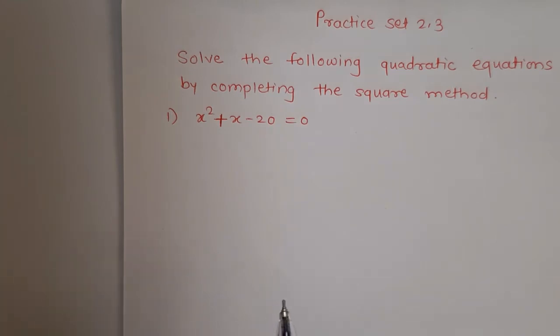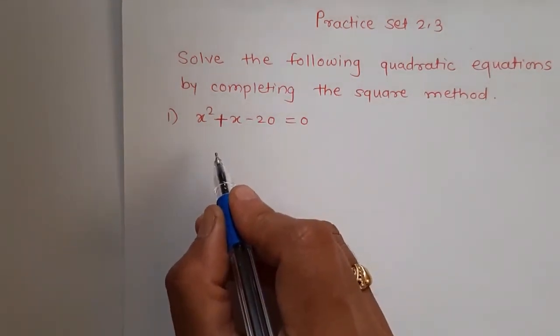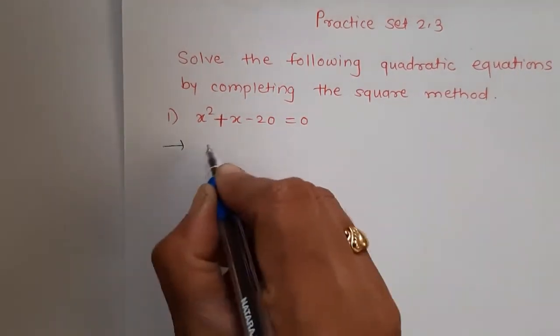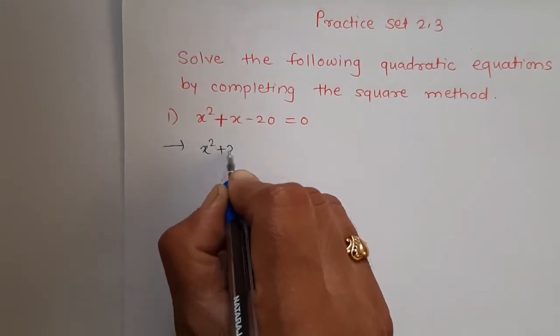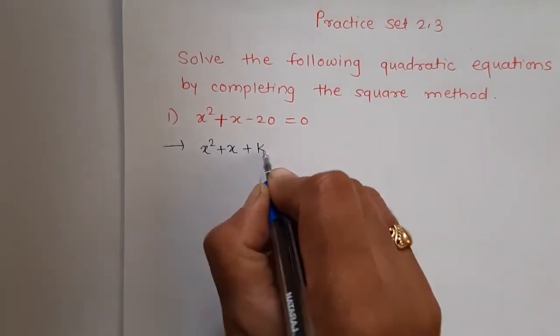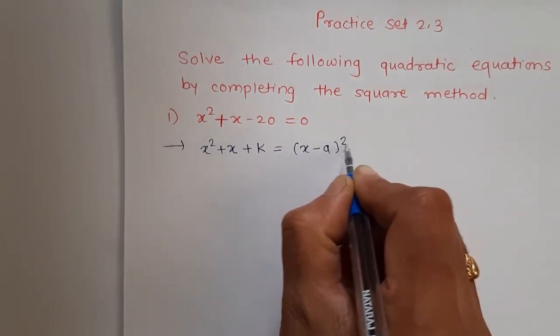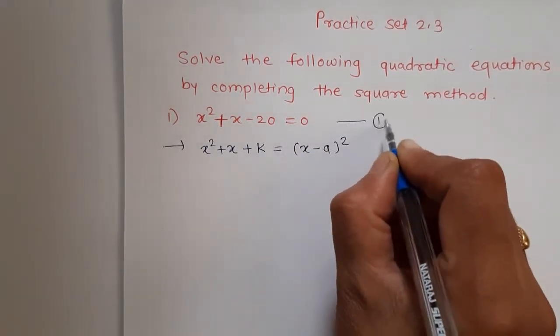So we have to convert that third term into a perfect square. For that, instead of minus 20, we write k and we equate this equation with x minus a bracket square. See the solution. x square plus x plus k equals to x minus a bracket square. Our original equation we give the number 1.